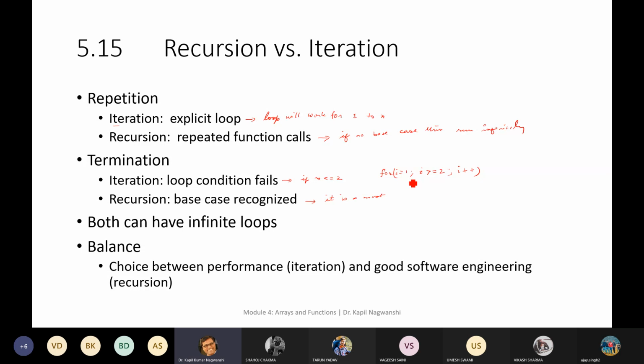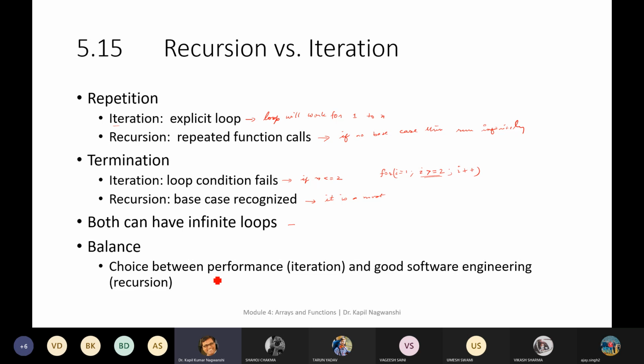You can see that i will start from 1 and this condition is always true. Whenever I am increasing the number, i is greater than or equals to 2. So each and every number is greater than or equals to 2, and that's why this loop will run infinitely. Both can have an infinite loop.